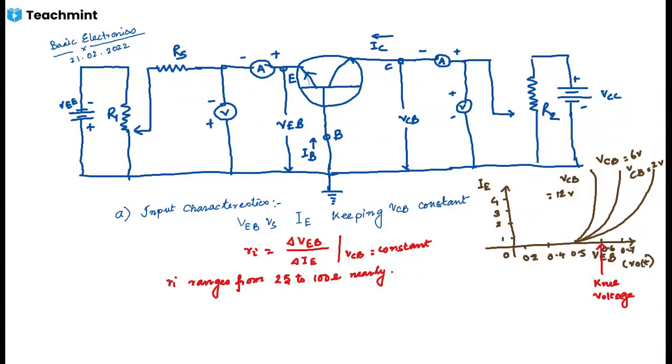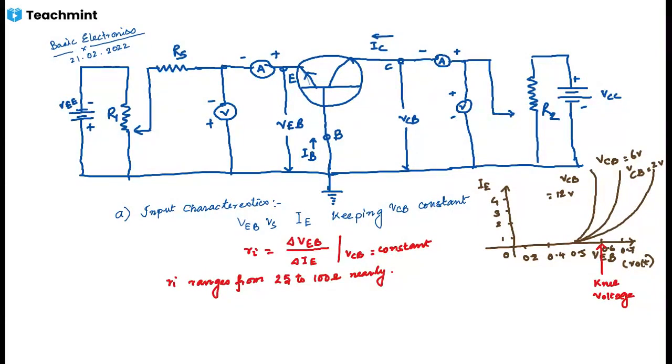Hello. Can you hear me? Yes sir, clear. Okay. So that is the input characteristics in CB configuration.